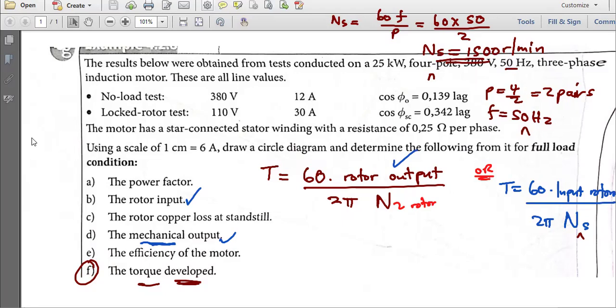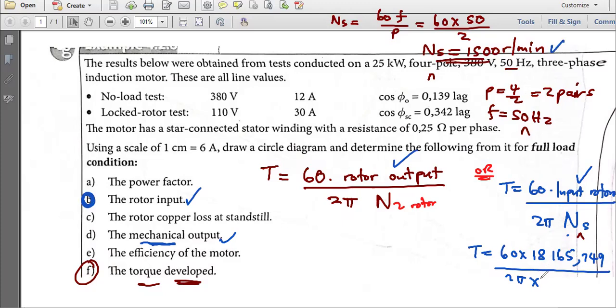So that was going to help us to calculate the torque because we calculated the input to the rotor on B. So you take the value that you calculated on B, that was 18,165,749, if you still remember this value, over 2 pi times the speed in revs per minute.